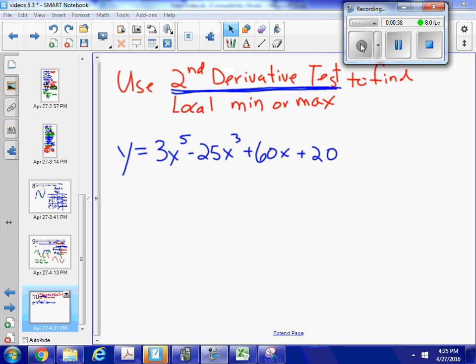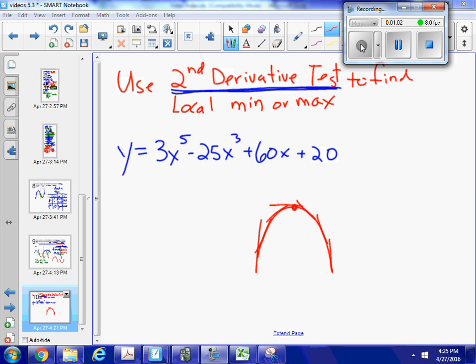So I'm going to draw right here a local maximum. And you can see right here that my slope is very positive, getting less positive, getting less positive, turning 0, and actually going negative and more negative and more negative.